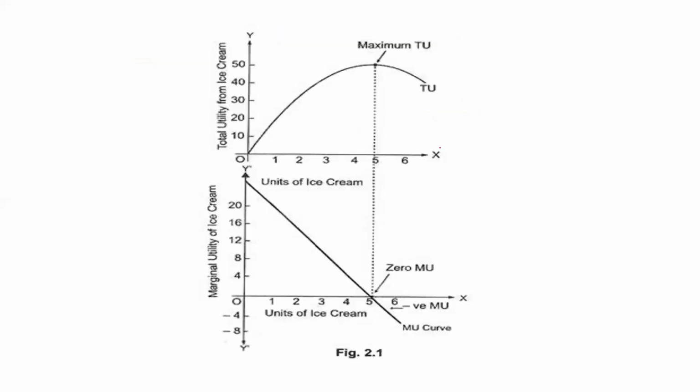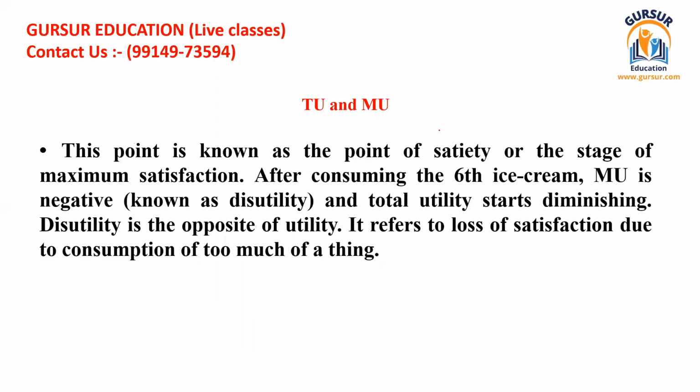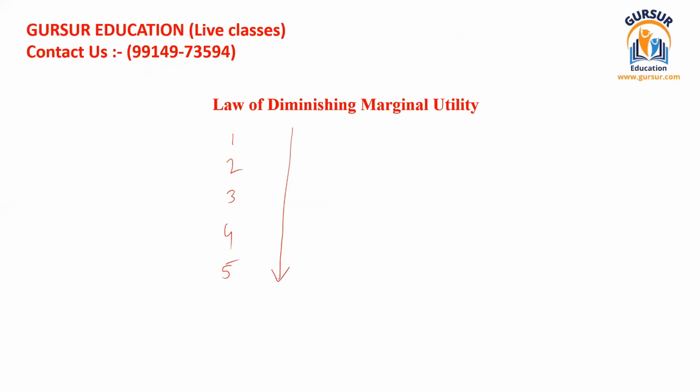You can understand this from the figure as well. I have already explained that total utility is rising, but marginal utility is declining. As long as you eat more and more, your marginal utility declines. This is known as the law of diminishing marginal utility.